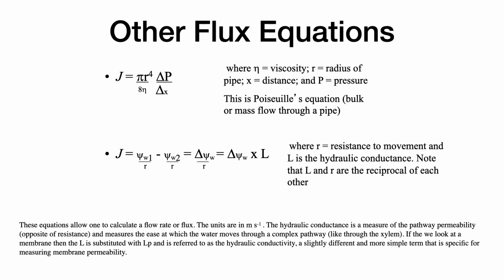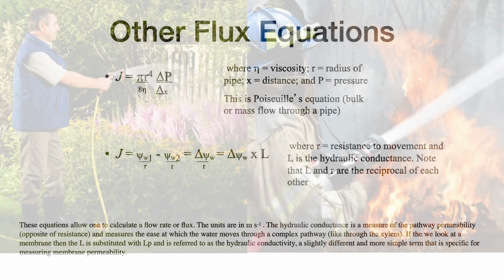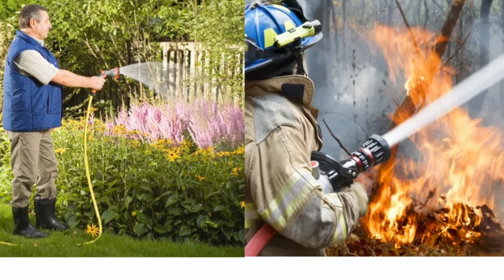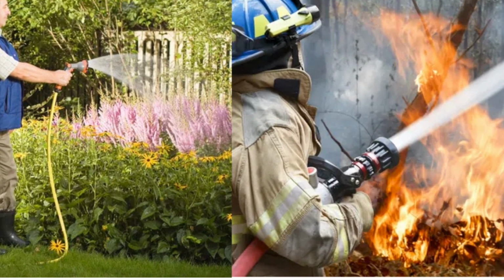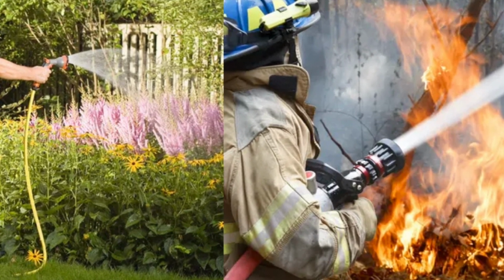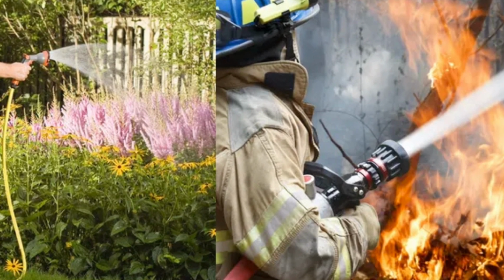This flux is largely dependent upon the pressure gradient, so we have a change in P, or delta P over delta X, as the pressure gradient. As the pressure gradient increases, we get an increase in flow rate. This makes sense: you have seen a fire hose move so much water because of the high pressure pushing that water through the tube.